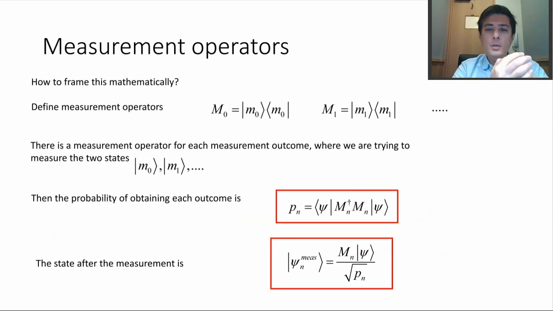So what I showed you was already the basic way that measurements work. So in a way, that's kind of enough. But another way to frame this in a more mathematical theory is the theory of measurement operators. You can also define measurements and the effect of measurements in this way.